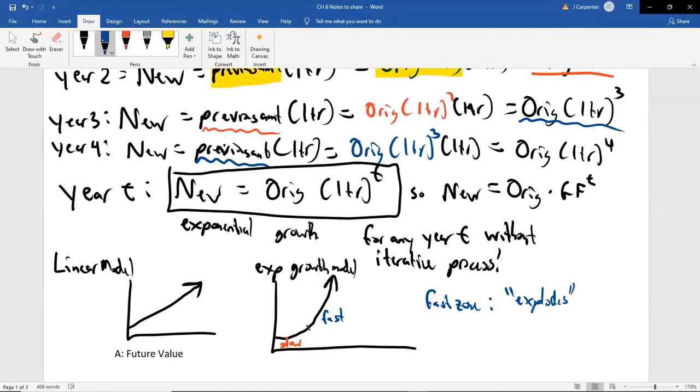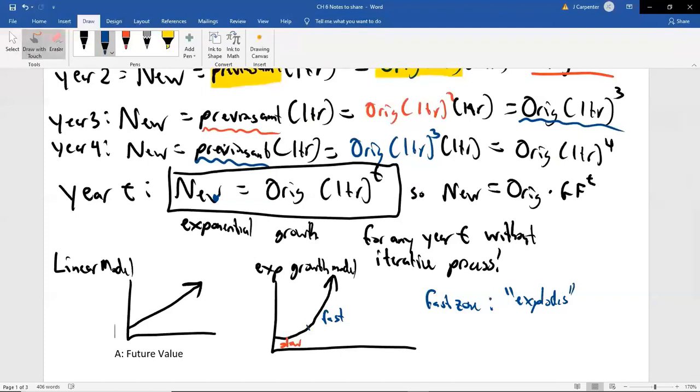Now, at what point of time, how many years in, that's highly variable depending on your growth rate, your compounding intervals, your starting value. It's definitely going to depend on the context of the problem. Sometimes we can see this explosion of money in maybe 10 years with a high growth rate. Sometimes we might see the explosion happen in like 40 years because we've got a very slow rate, or maybe 100 years because it's a ridiculously low rate, like a savings account at a brick and mortar bank earning 0.1% interest. Ugh, terrible.